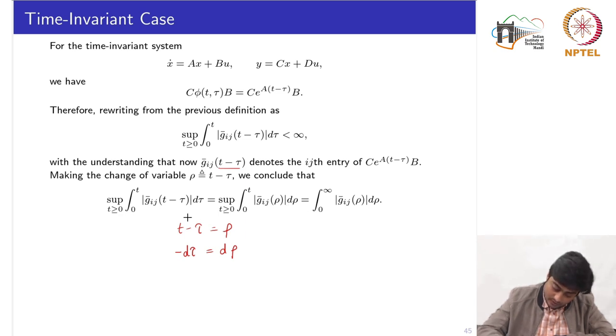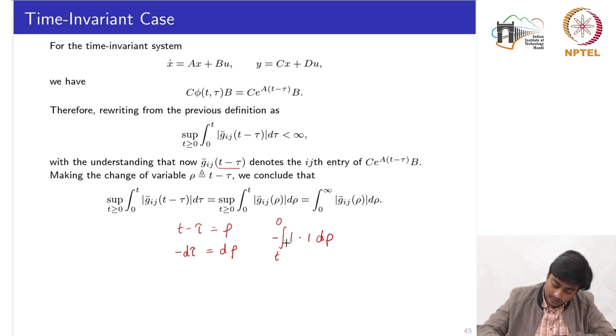If I make changes over here, just ignore the supremum for the time being. When the initial limit is tau equal to 0, we would have the limit t, and when the final value of tau is t, rho would be equal to 0. And we have the function of rho, and d rho with a negative sign.